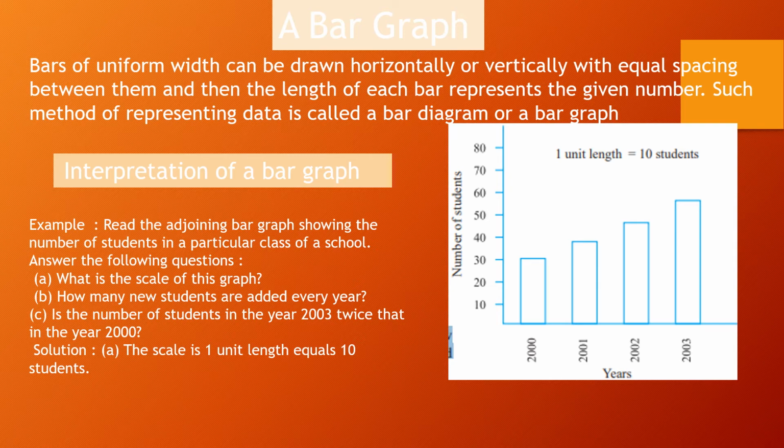Third question: is the number of students in the year 2003 twice that of the year 2000? Yes, it is correct. That is, in 2000 there were 30 students and in 2003 there were 60 students. Therefore, the number of students in the year 2003 is twice that of the year 2000.